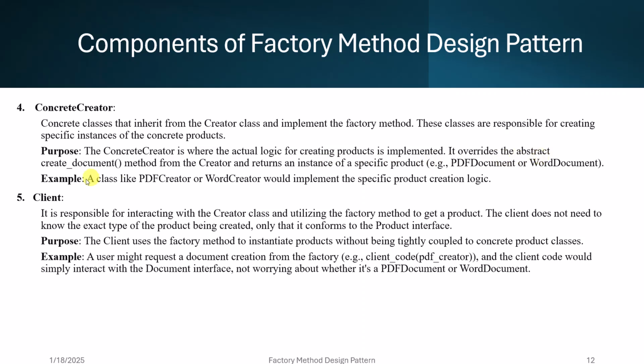So it overrides the abstract create document method from the creator and returns an instance of a specific product, for example a PDF document or Word document product. The same example is given here, like a PDF creator or Word creator class would implement this logic. Now the last component is client.